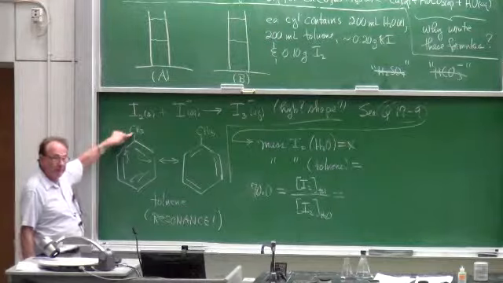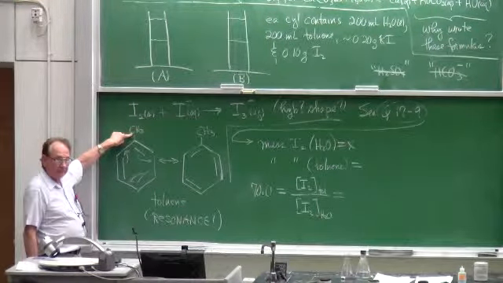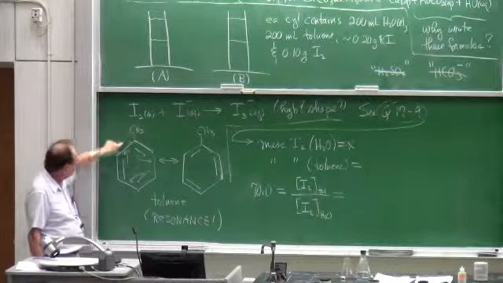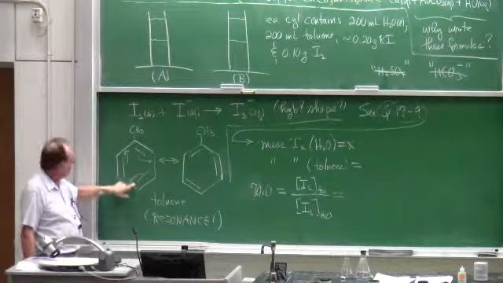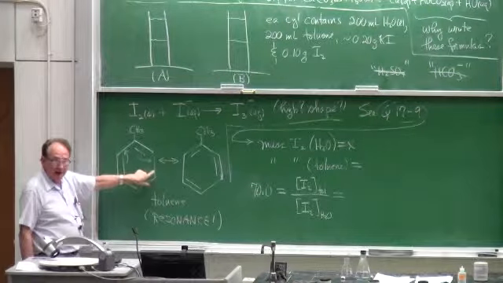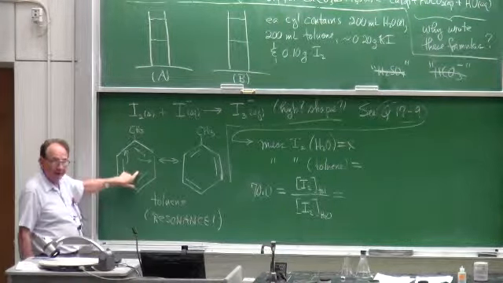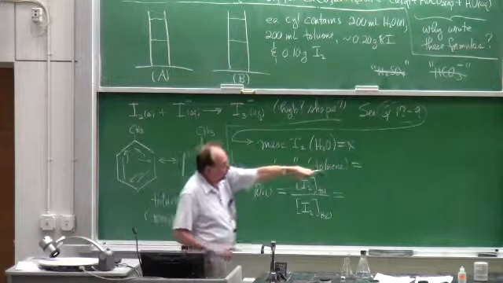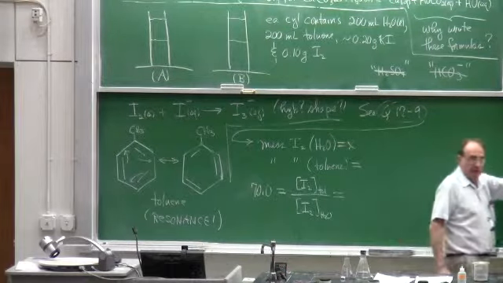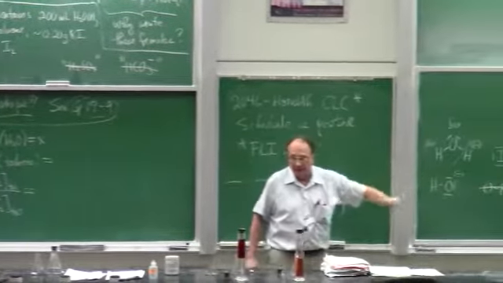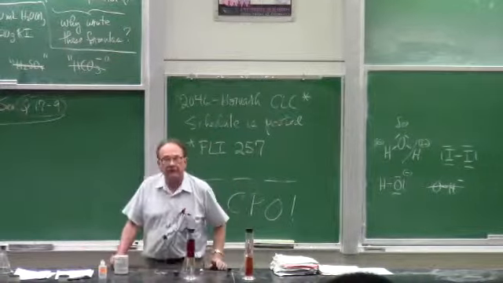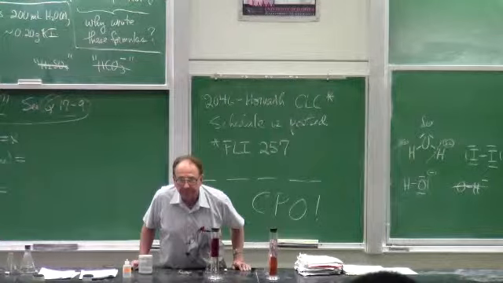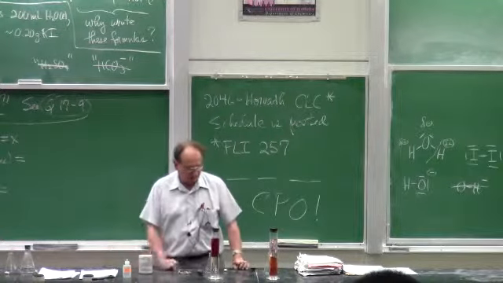Because it's got this methyl group up here, which corresponds to an electron density region somewhat dissimilar from the electron density regions of the carbons and the hydrogens that are part of the ring. So this thing is slightly polar. But the water molecule is not only significantly polar, it's hydrogen bonding. So that provides an account of why I2 is much more soluble in toluene than it is in water.